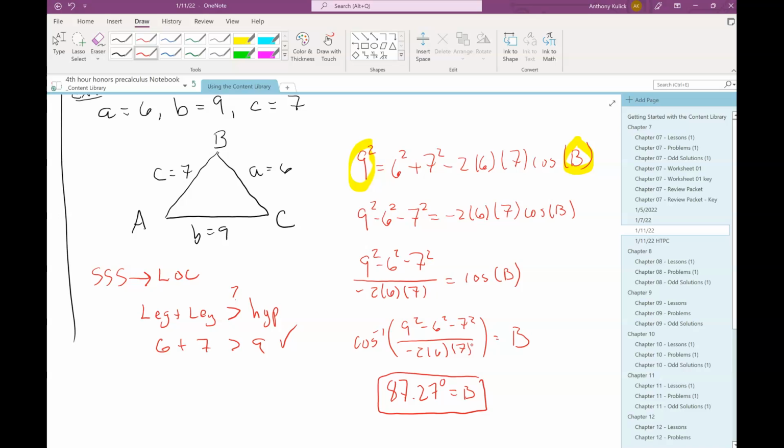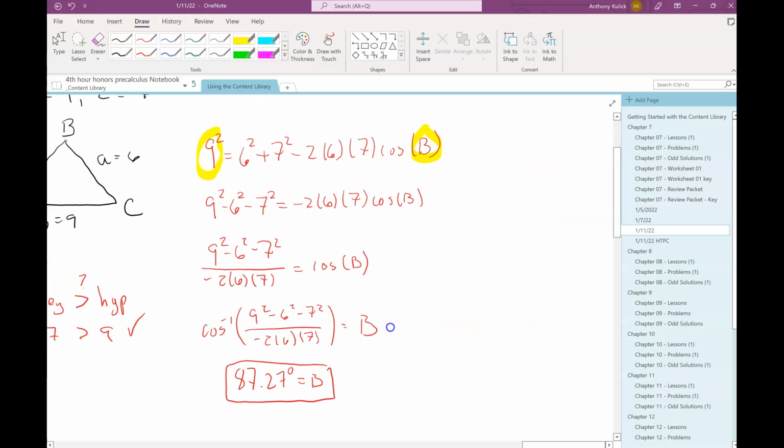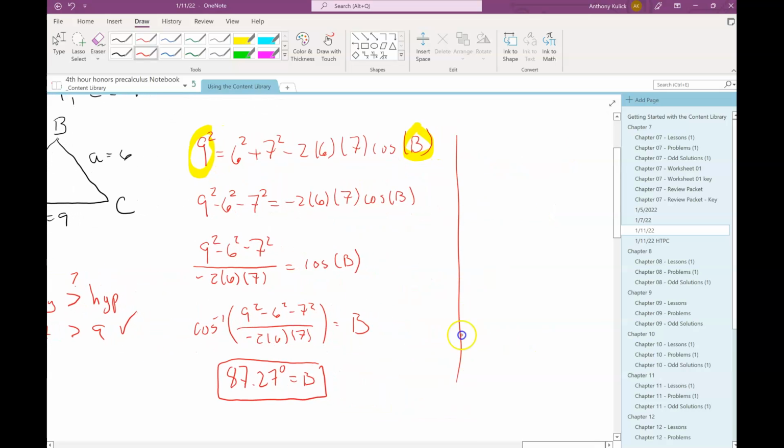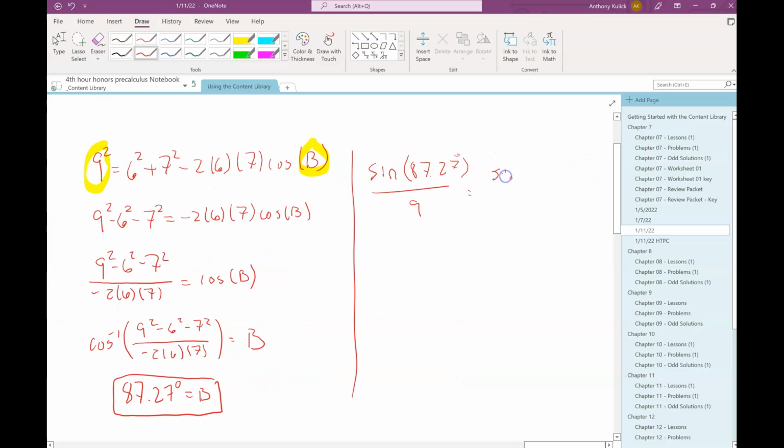A, because the side opposite A is smaller than the side opposite C. Okay, so I'll do sine of my newly discovered B over b equals sine of A over a.